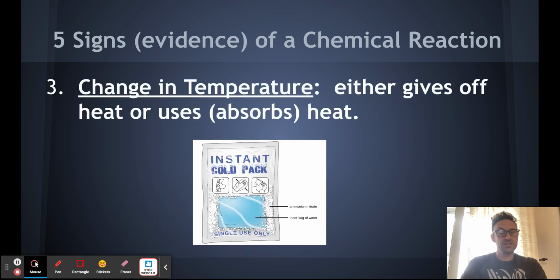If there's a change in temperature, either hot or cold, that is a chemical reaction. You can see this instant cold pack that tells you to break it. And by breaking it, you're snapping or opening the two separate sections. They come together and it creates either cold or heat.